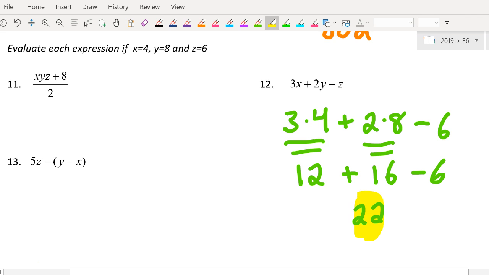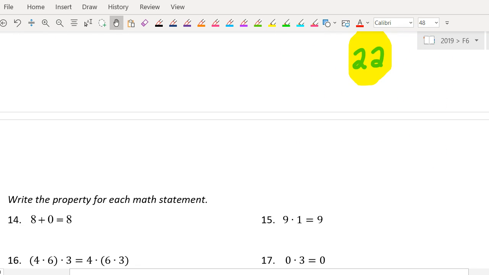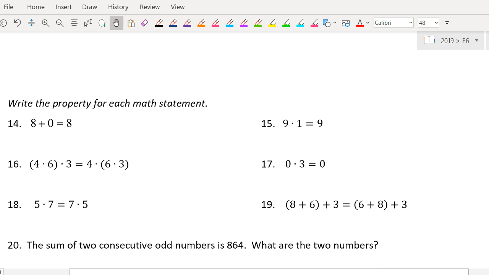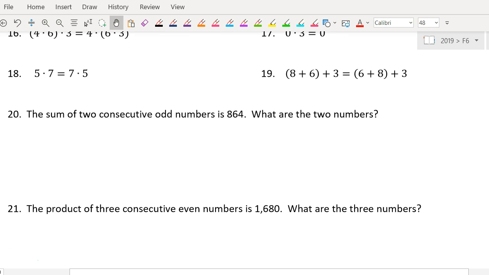Mr. Logan, there he goes. Okay, now remember on 11, that's x times y times z. 4 times 8 times 6. Be careful, it's not 486. Okay, I'm going to move on. By the way, if you're working ahead, we're actually going to cross off 20 and 21.